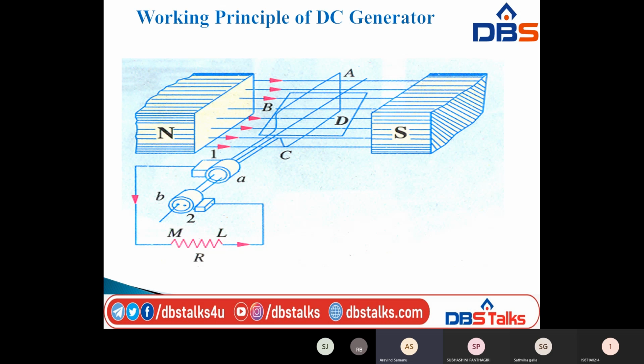Here the conductor ends are connected to the slip rings. These are the slip rings we are using, and this is the brush, which is connected to the external load. This is the external load, shown by the resistor symbol.